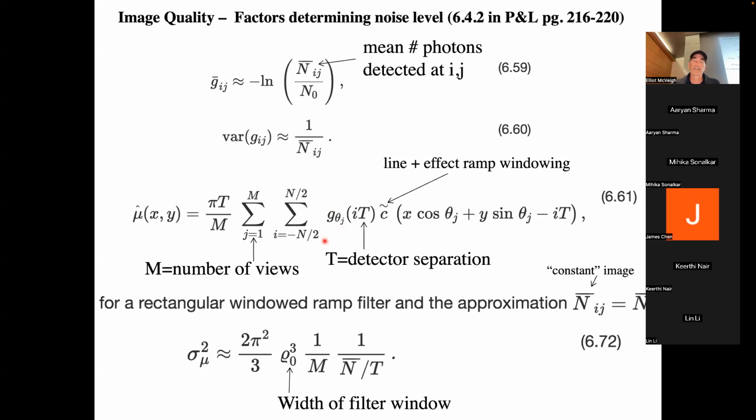And then this index, i, represents along the L direction, right? So these are our detectors enumerated from minus n over 2 to n over 2, and there's just an array of them, right? And so that index i runs along here. It gives us a position by multiplying by t, which is the detector separation.